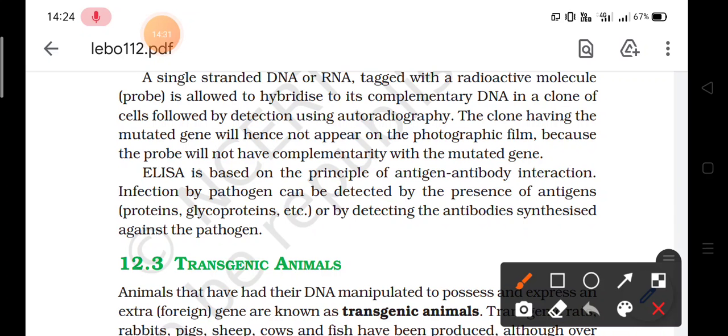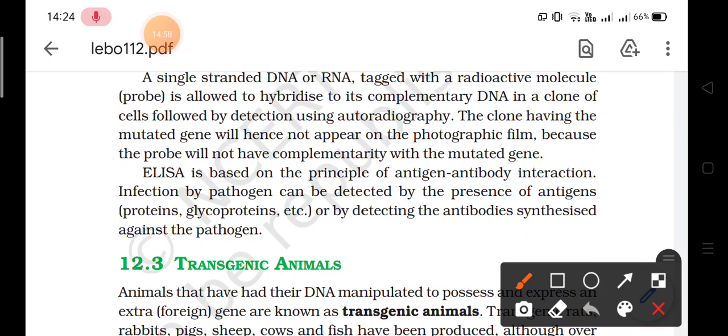So what is done in PCR? That cell is multiplied, its amplification is done, and by amplification, what chances have increased? That we will get an accurate result, because we have a lot of sample of that. So in the early stage also, the diagnosis of the disease can be done by using polymerase chain reaction.